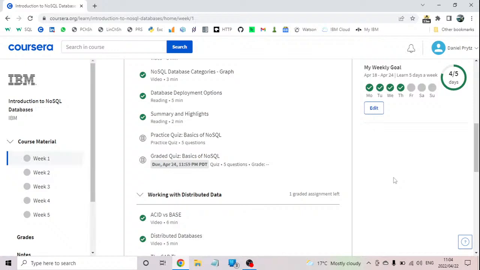Now, question 2. Explain the primary use cases for the document-based NoSQL database category. Okay, so primary use cases. What can I think of? I can think of events, actions such as tweets, posts, users, likes. What else?